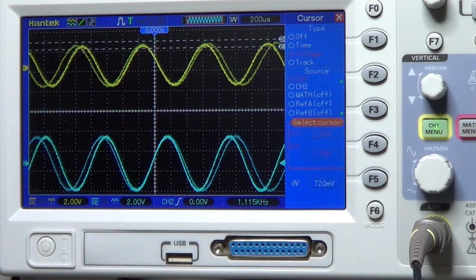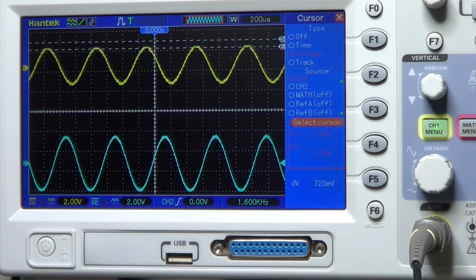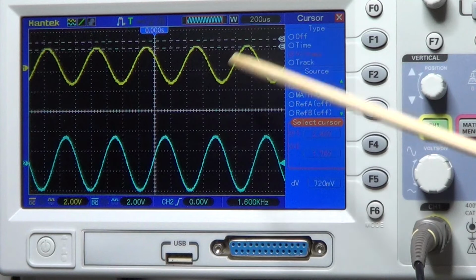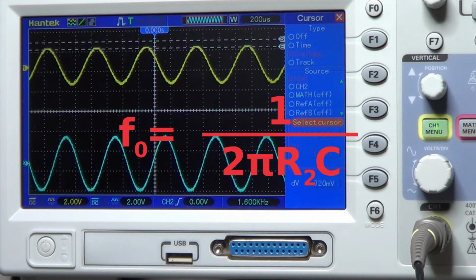Let's now increase the frequency further. And here it seems we have reached the point of the cutoff frequency, which seems to be 1.6 kHz. And in fact, if we calculate the cutoff frequency as 1 over 2 pi R2C, we obtain a very close value, a sign that we are doing things right.